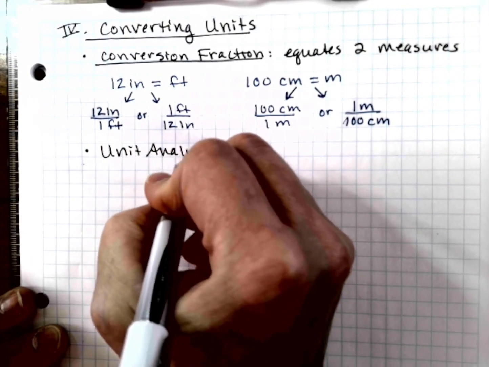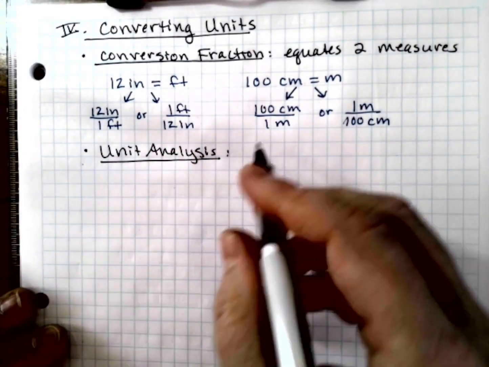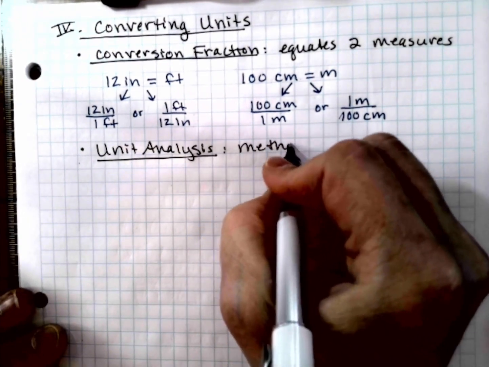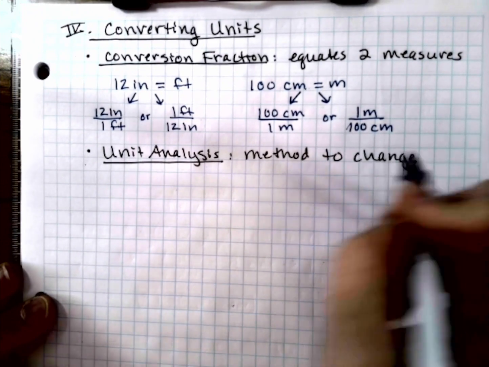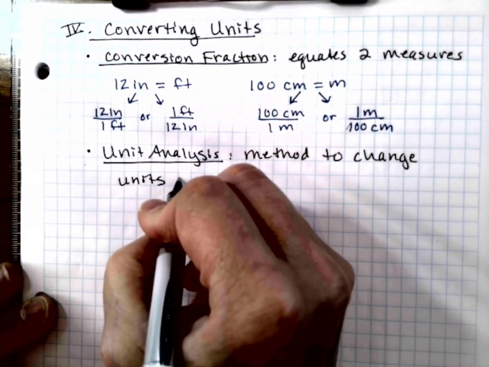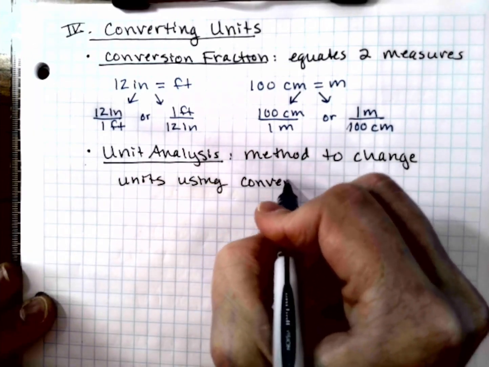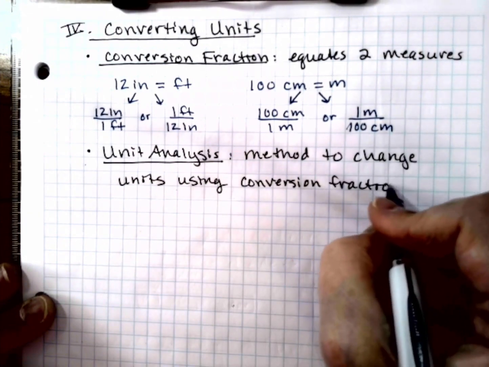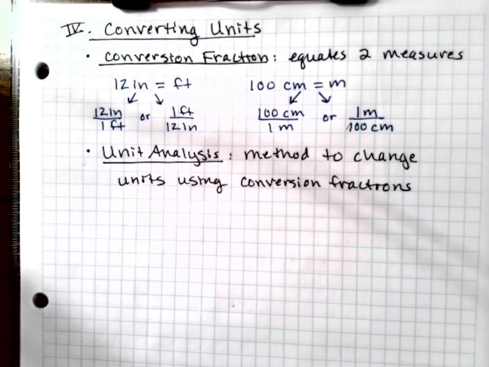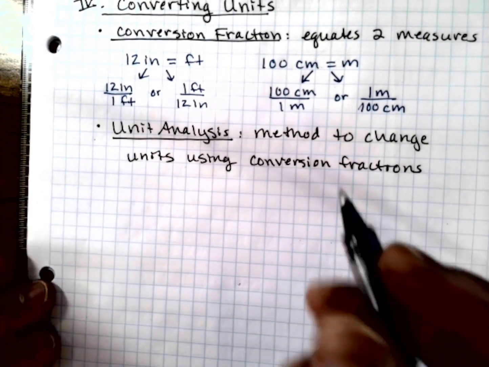And again, we have done a little bit with this. So unit analysis is a method to change units using conversion fractions. Okay, so we're going to use unit analysis and our conversion fractions to do some conversions.